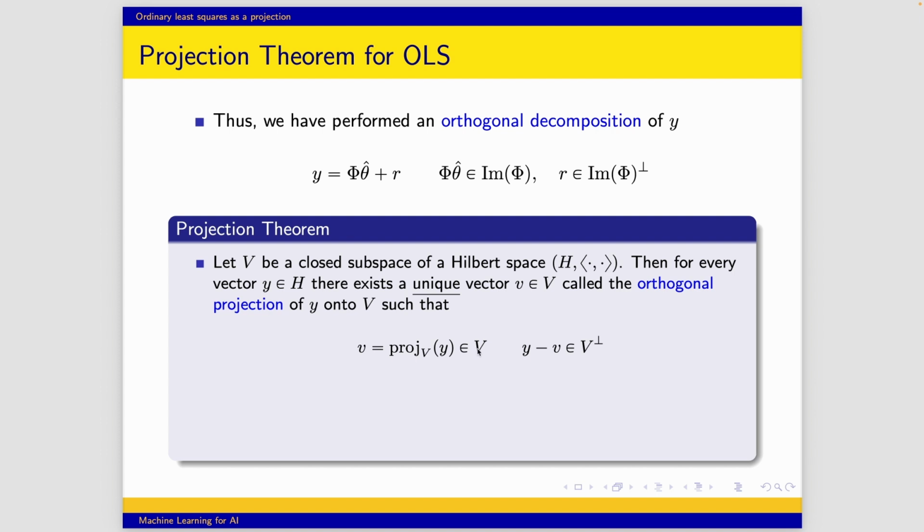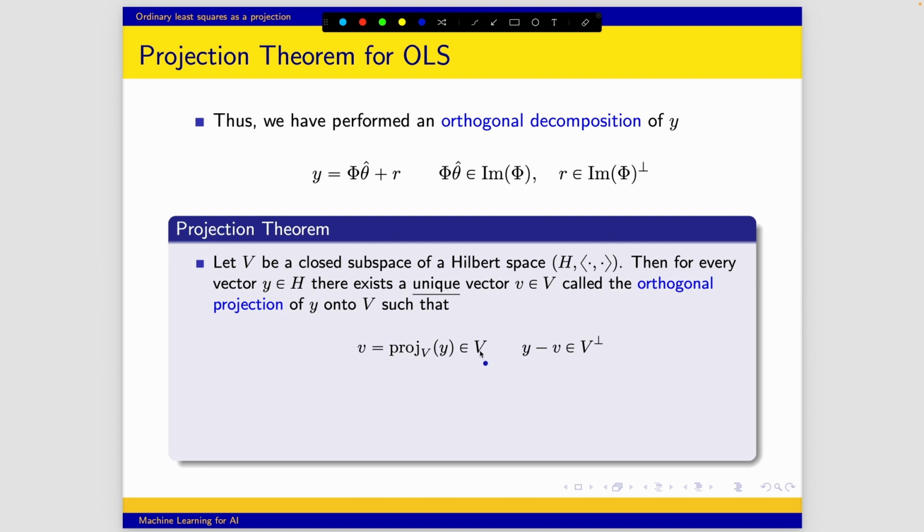Furthermore, the difference between the vector y and this orthogonal projection lies in the orthogonal complement of V. So we have decomposed any general vector y in our Hilbert space into two parts.